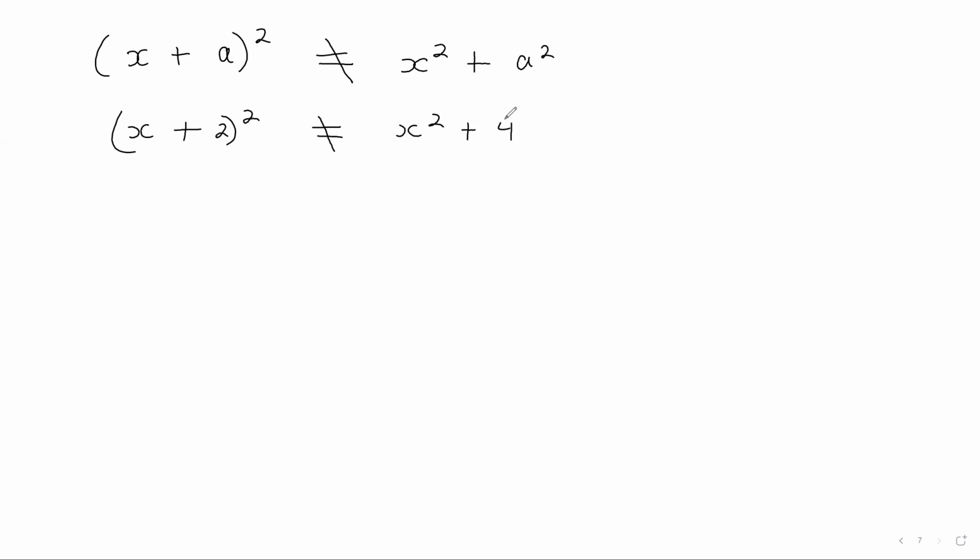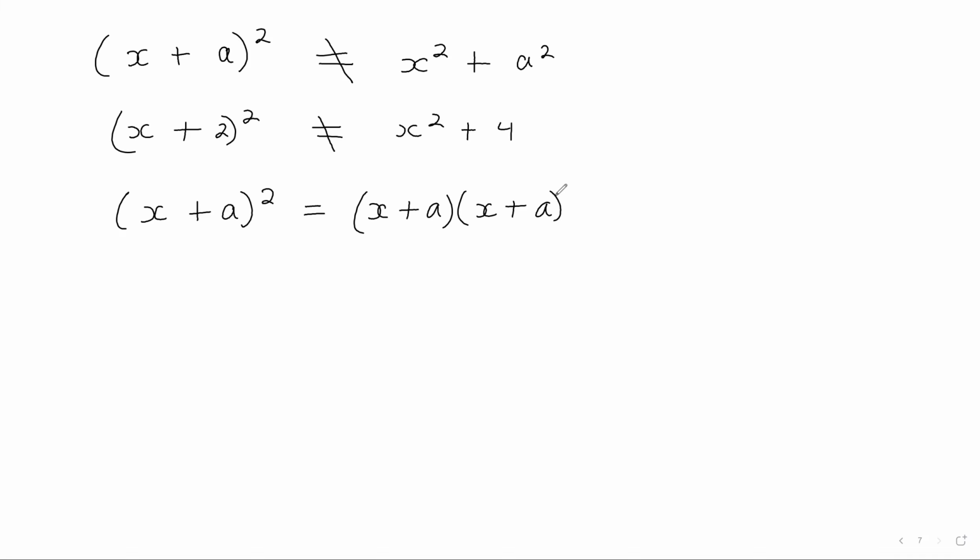Because x plus a all to be squared is actually equal to x plus a multiplied by x plus a. Remember that to square something means you multiply it by itself. Because this is within brackets, so it's x plus a, all to be squared, it means you have to multiply the entire bracket by itself.